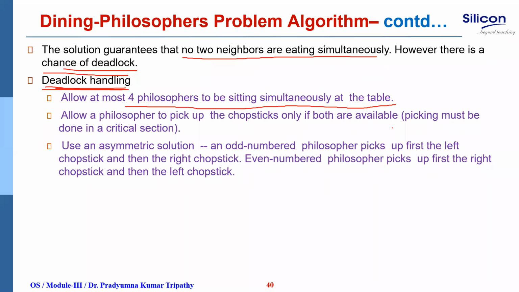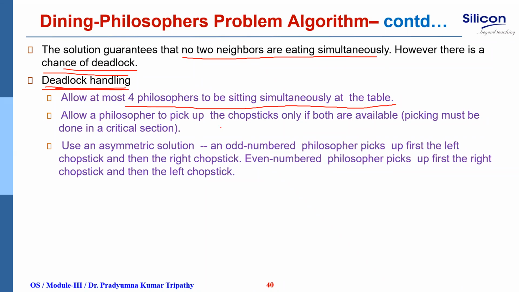You can't wait by holding the chopstick. Is it understood what I'm saying? Yes, sir. So if you are not eating, you release that chopstick. If both are not available, only one is available, you release the second one.